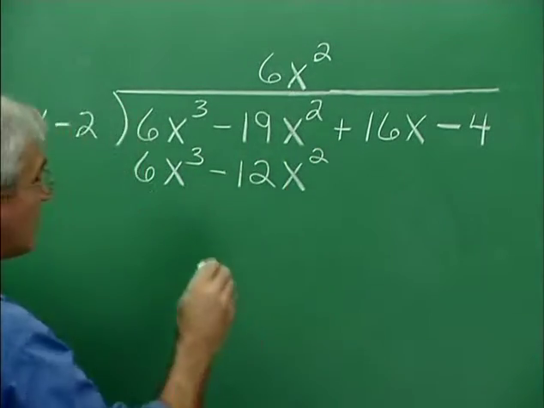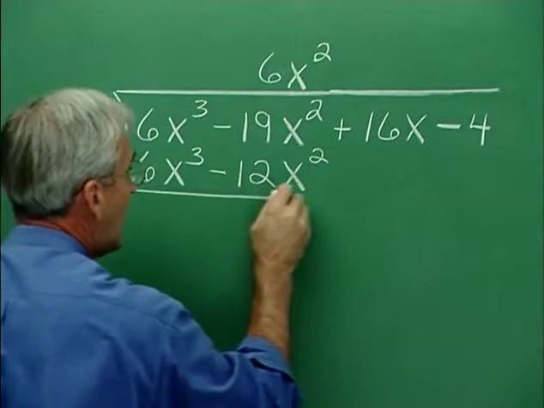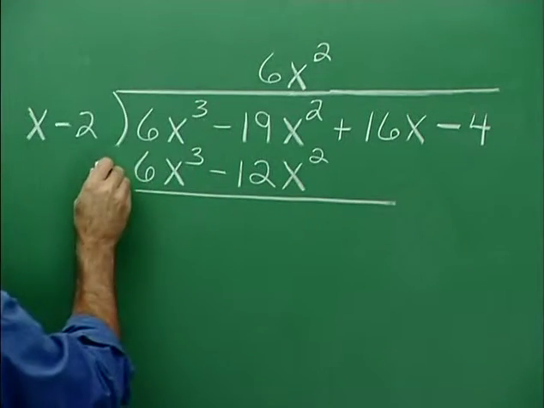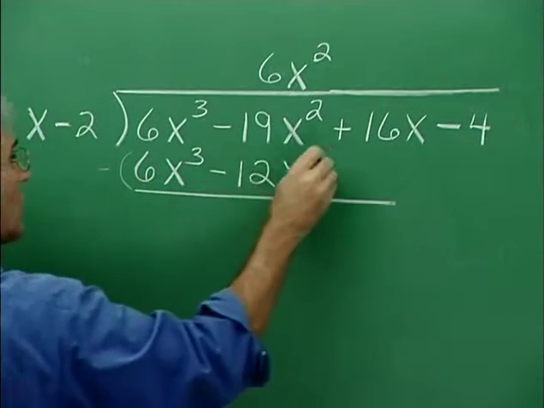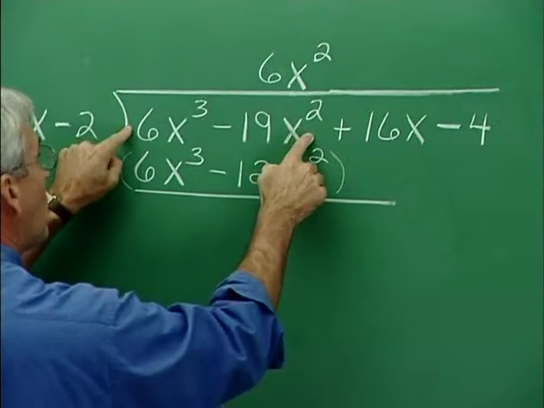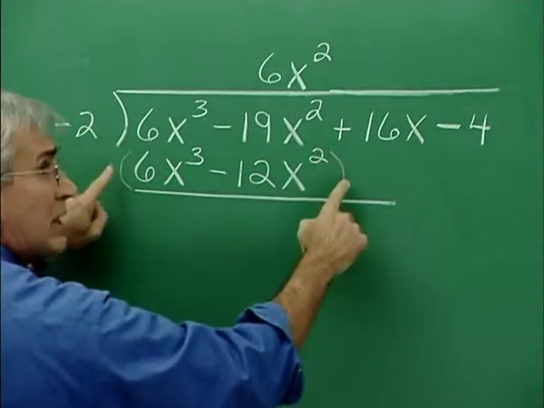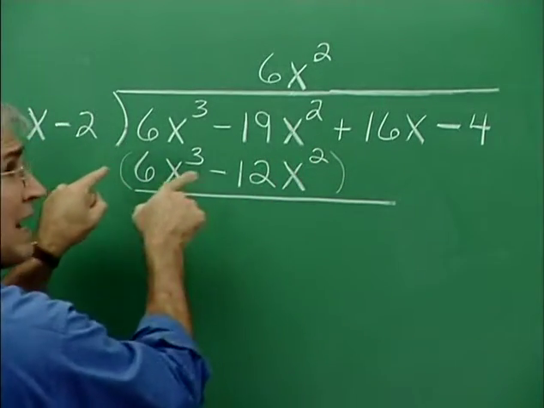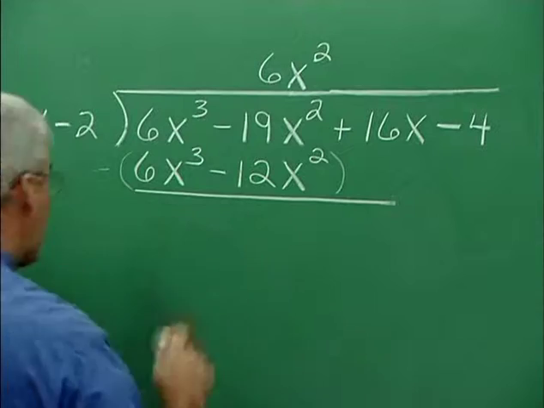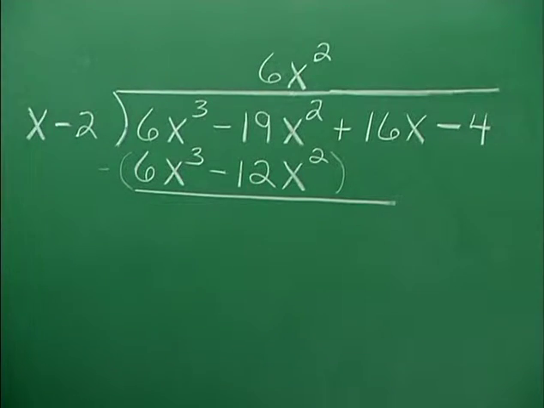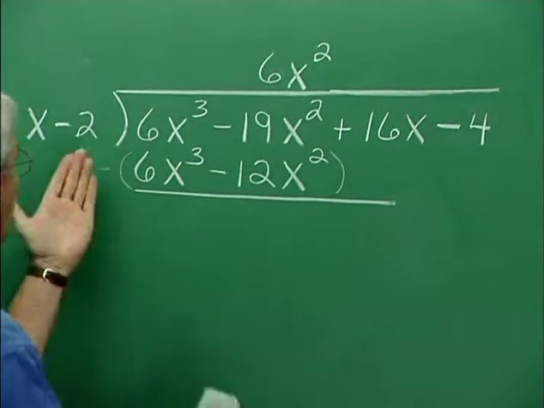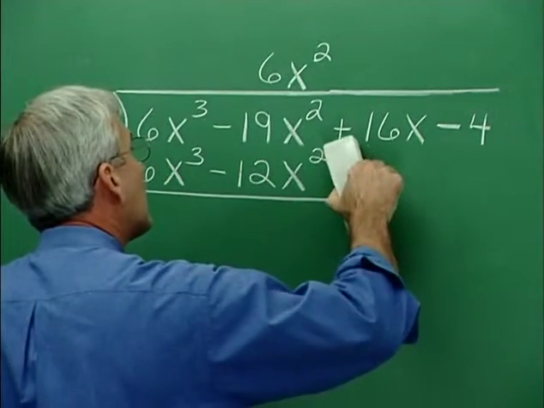Now our prescription for long division would be to draw a line and subtract. That is, we want to subtract this polynomial from that polynomial. But you notice we have a minus sign preceding a parenthesis here, so we would need to change the signs here and then collect. To accomplish that sign change, rather than looking at it like this, I'd rather consider it like this.